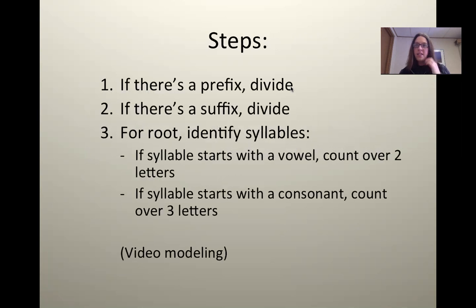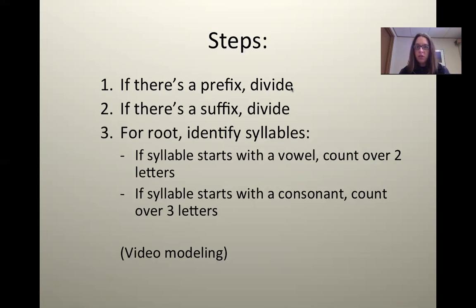So the steps are very simple. There are exceptions to the rule, but the basics for starting are here. The student will start with a word provided to them. If there is a prefix, they're going to divide that off first. The second step will be that if they identify a suffix in the word, they will divide that off second. And then for that last middle component, they will divide it off using two identifiers.